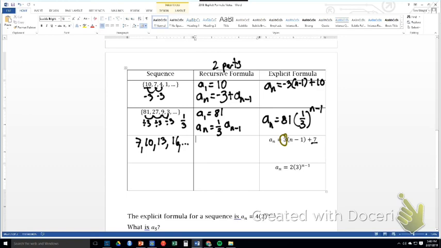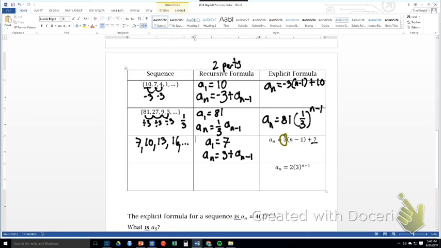Then my recursive formula is going to be a1 equals 7, because that's where I started, and an equals 3 plus an minus 1.